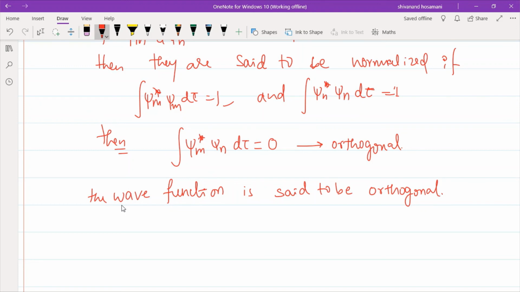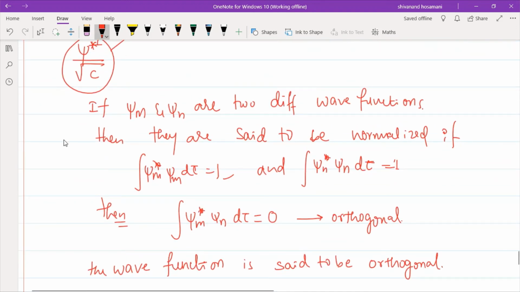As we have observed here, a particular wave function psi m is normalized and psi n is also normalized. But if I take the probability of both the functions at the same time, then I will get zero, so they are mutually orthogonal, right?